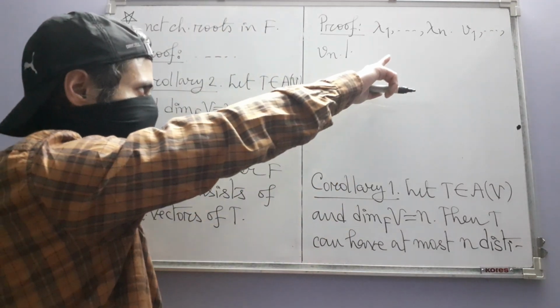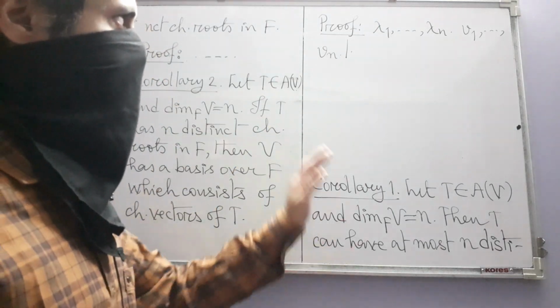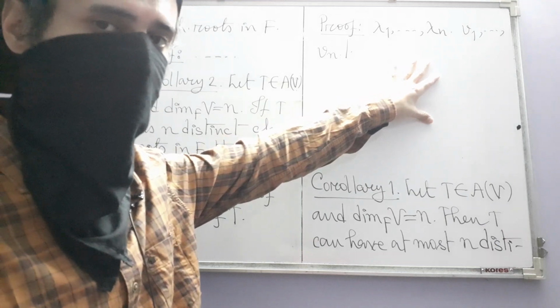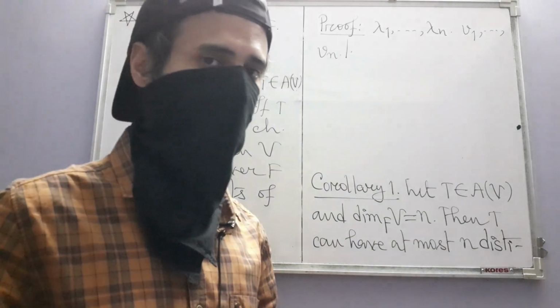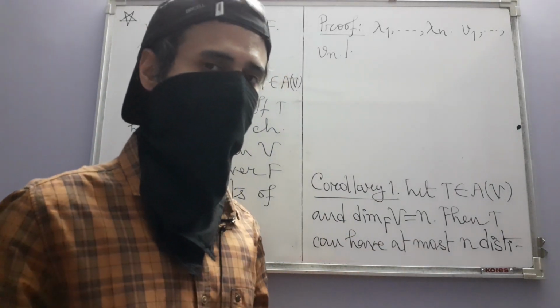If you fix such a basis for such a special operator, then the matrix that corresponds to that operator has a very nice and simple form. And this idea is going to drive our study forward.